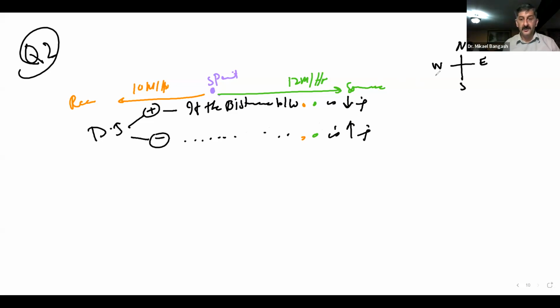So if one person is traveling towards west and another person is traveling towards east, as they travel, the distance between them will increase in time. So that will mean there's going to be a negative Doppler shift because of the increasing distance.